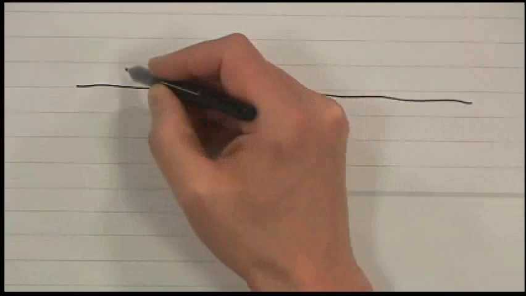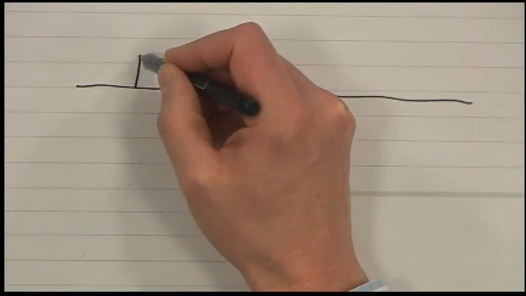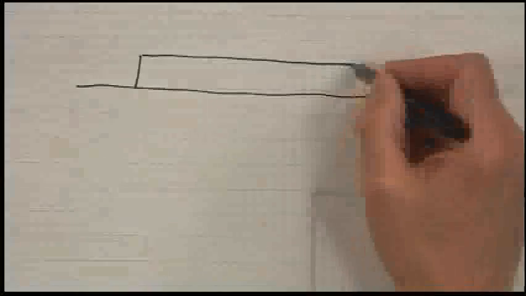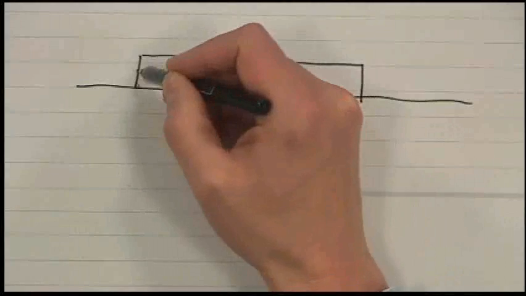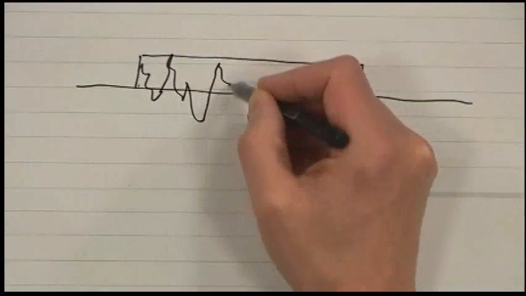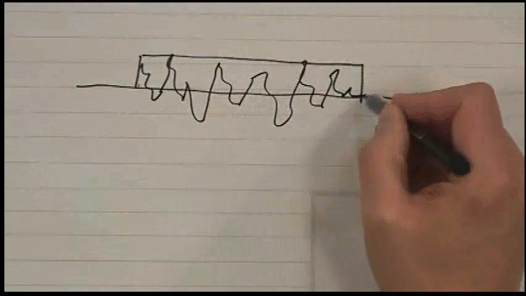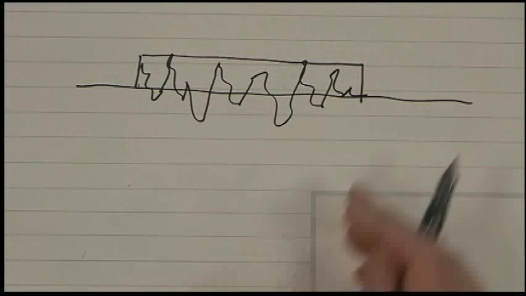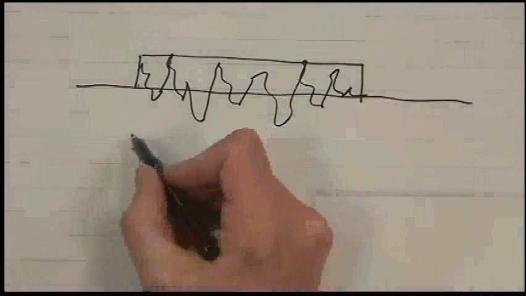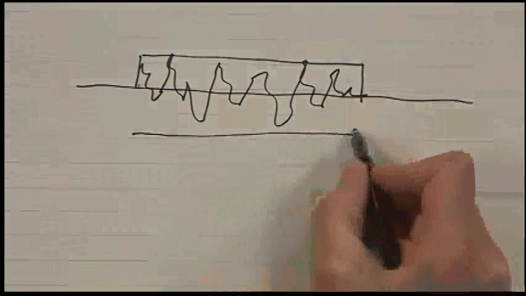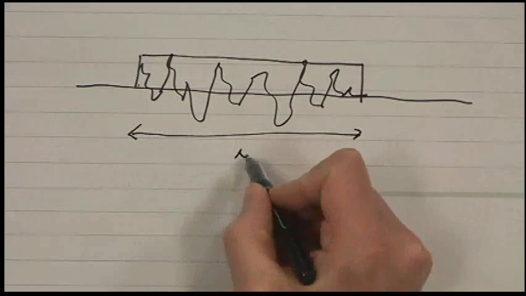So this is the random process, and you window it to some window like this. You take this part of it, and that's the random process truncated to that size window. The window here is of length n.